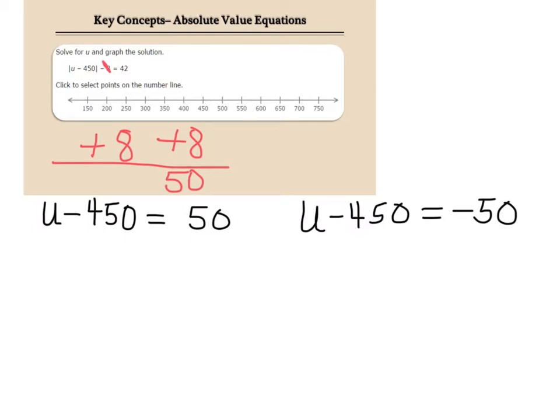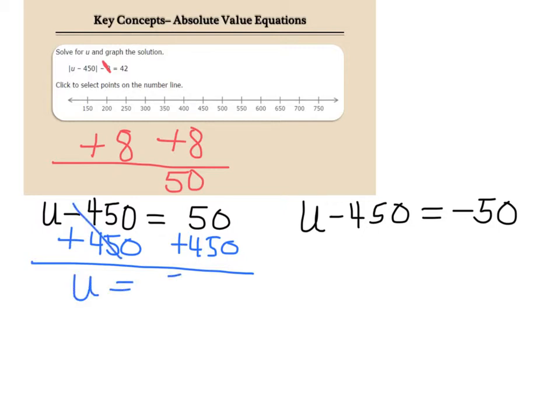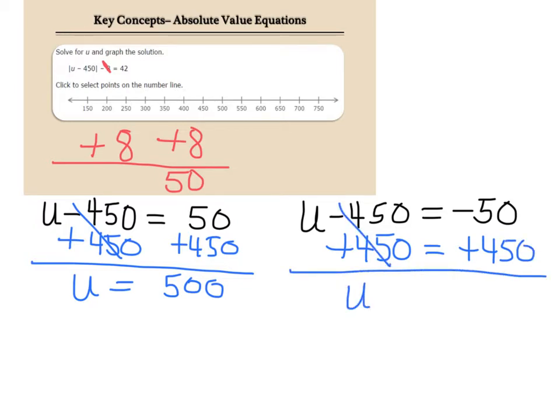I'm going to add 450 to both sides of the equation. That will give me u equals 500. And if I add 450 to this one, u equals 450 minus 50, which is 400.